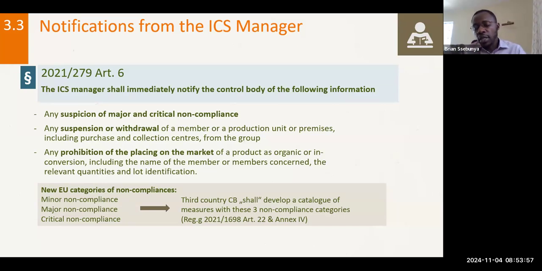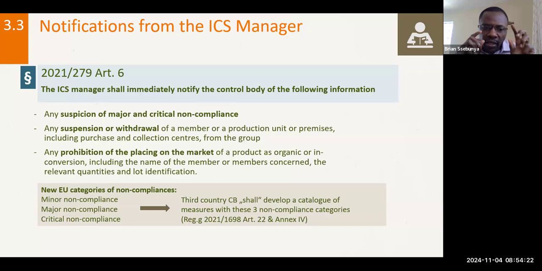So for those, this you discuss with the CB. As you see, the CB shall develop a catalog and will tell you, for these, you have to recall the product. For these, you have to completely stop everything. For these, you have to stop buying from that farmer. That catalog can be determined by your certification body.